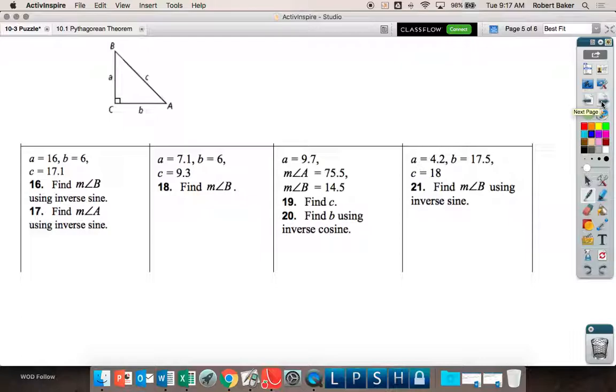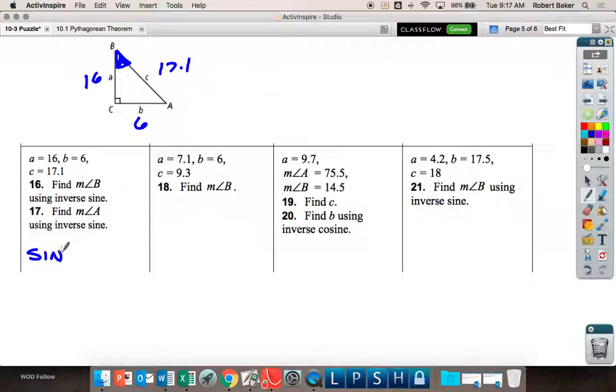Number 16, solve for the measure of angle B using inverse sine. So A is 16, little b is 6, and C is 17.1. And you have to use the inverse sine. So sine is, question mark, opposite over hypotenuse.